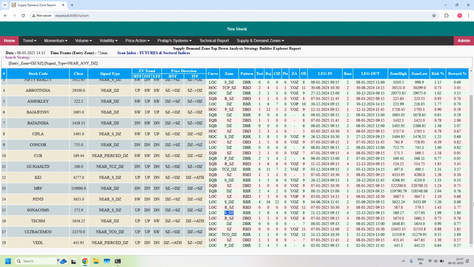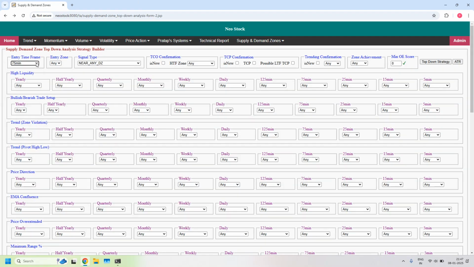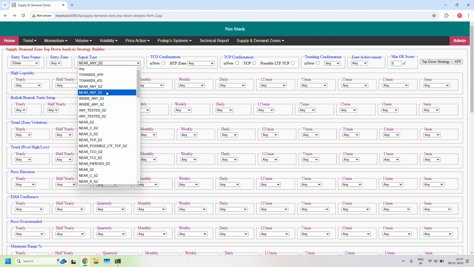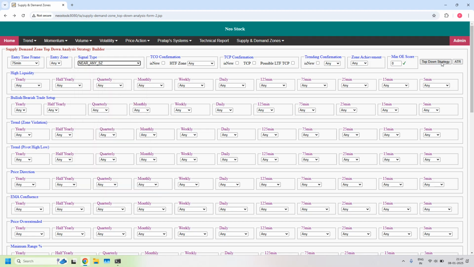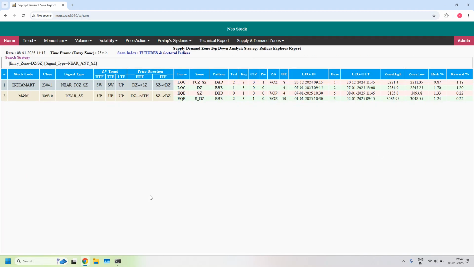That's it. We have identified 4 high liquidity 75 minutes demand zones from this list. Okay, next for 75 minutes time frame, let us find the stocks near 75 minutes supply zone. We got 2 stocks. In these 2 stocks, we don't have any high liquidity 75 minute supply zones.